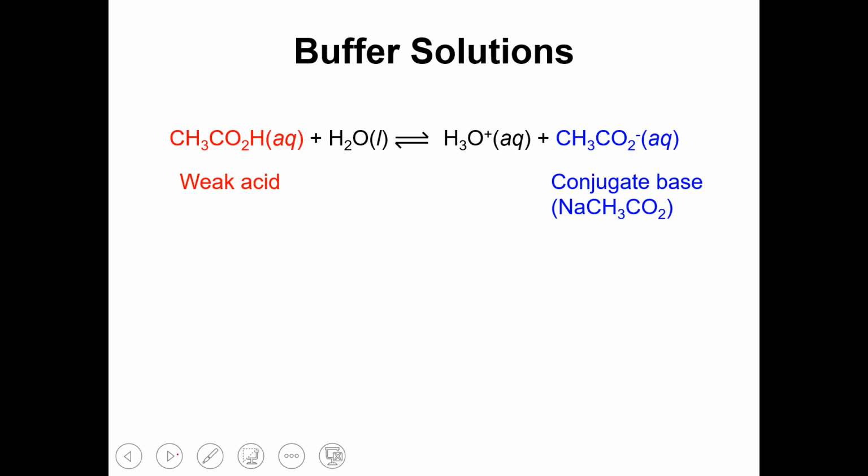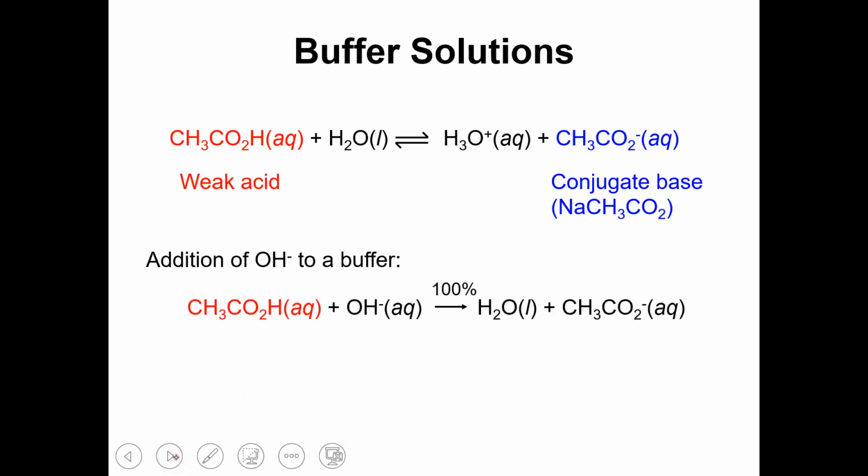So, for example, if we have H3O plus in our solution, and we have the conjugate base, and then we have our acetic acid, if we add OH minus to it, what's going to happen is the acetic acid is going to react with that hydroxide ion. So the hydroxide ion can get this proton here, and we get water and more of the acetate ion.